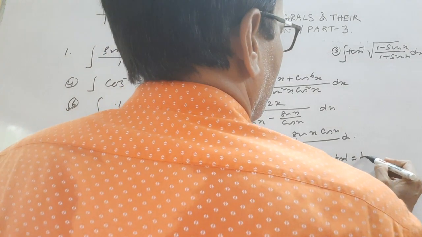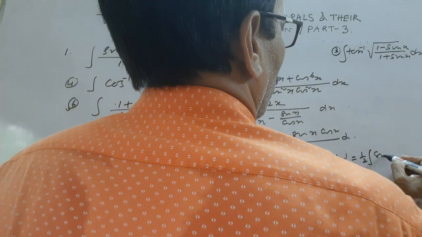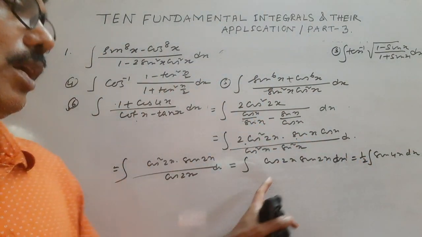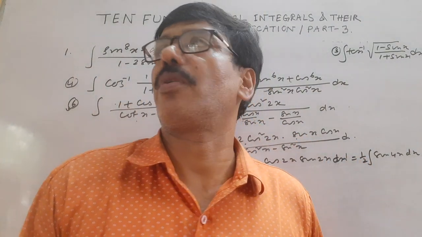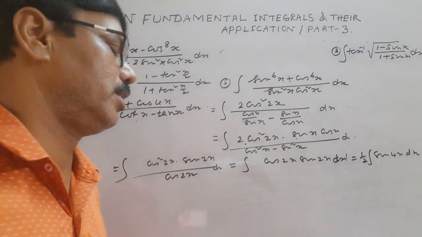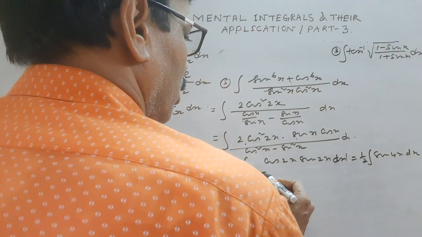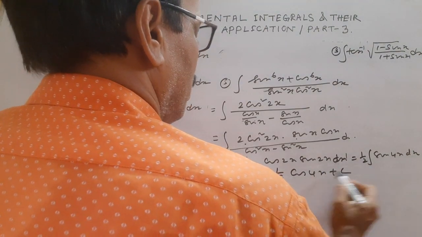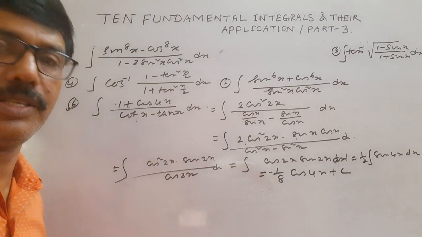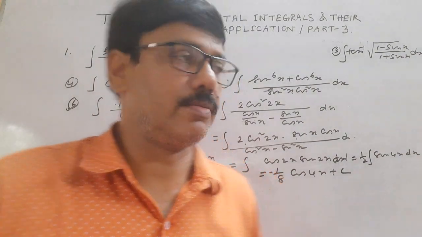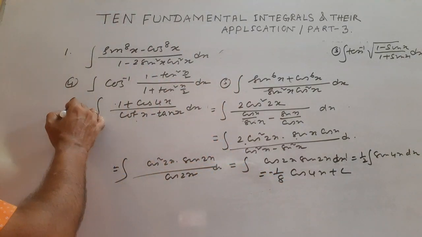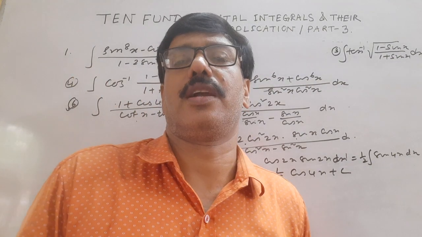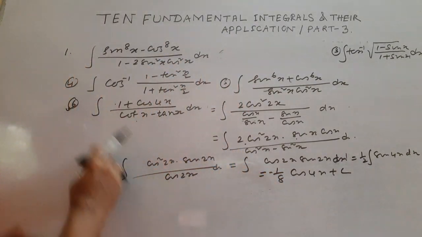So this is half of sin 4x dx. Now it is in standard form. So it will be 1 by 8 cos 4x plus c. Obviously there is a negative sign. So what is your main aim in each case? To make it standard form using simplification.